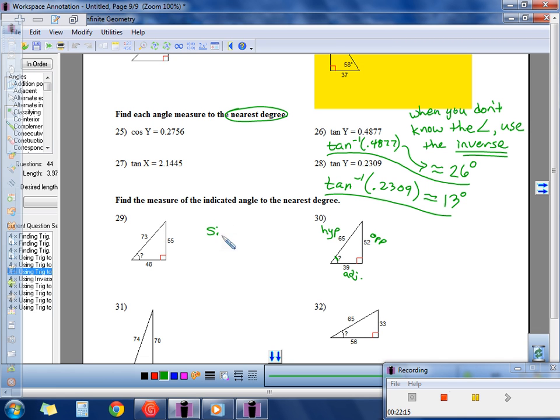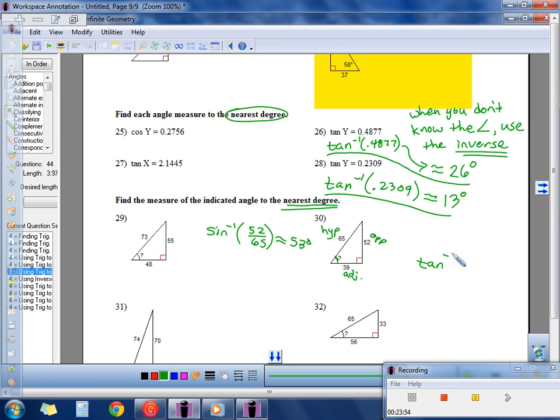So I'm going to try out sine inverse over here. For sine, what sides should I use? Opposite is 52 and hypotenuse is 65. Type that in and tell me what that approximates to. So we get 53 to the nearest degree.